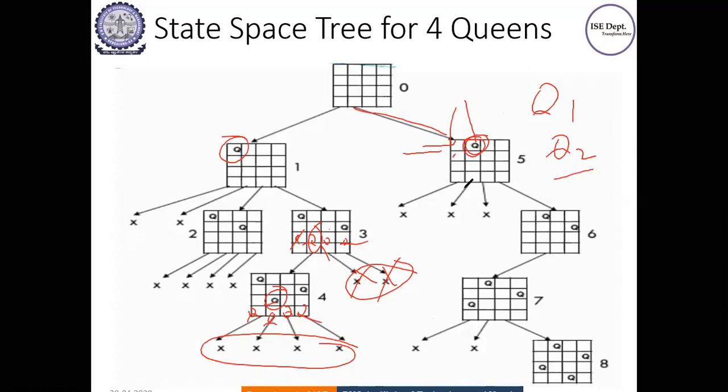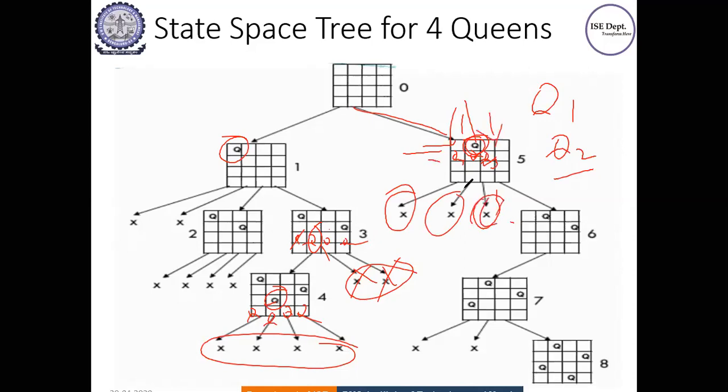Queen 2, can I place it in the second row and the first column? It is not possible because it is diagonal, so there is an attack, so this is a dead end. Try to fit it in the second row, second column: it is not possible because it is in the same column, a dead end. Go for the next possibility: row 2 and column 3.